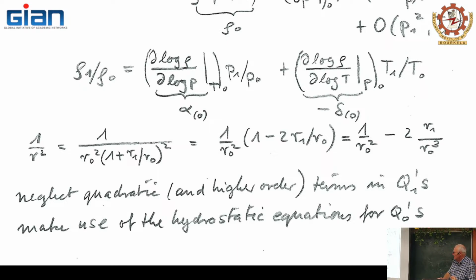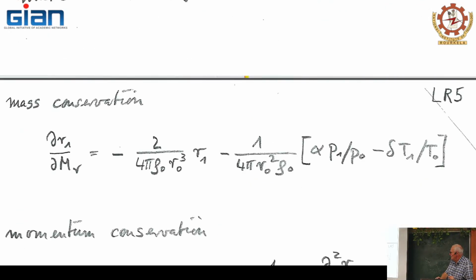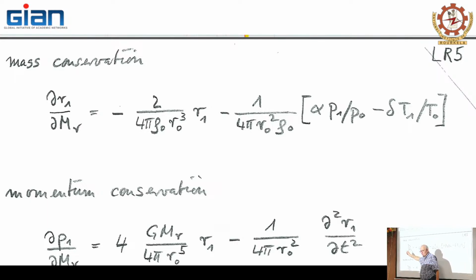Well, let's continue. What do we end up with? First of all, mass conservation. We are left on the left hand side with the derivative of the perturbation of the radius, which is given by minus 2 times the perturbation of radius divided by 4 pi rho r cubed. This comes from the linearization of 1 over r squared, since dr by dm is 1 over 4 pi rho r squared.